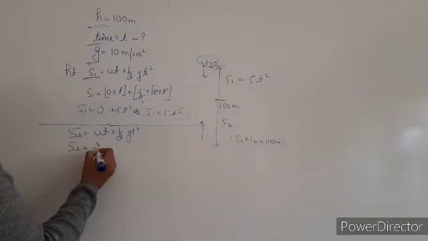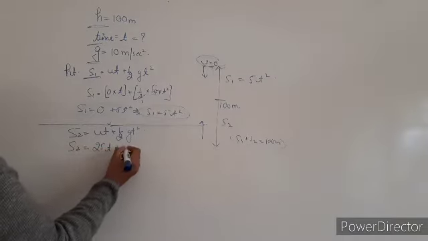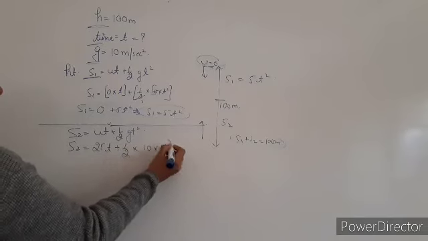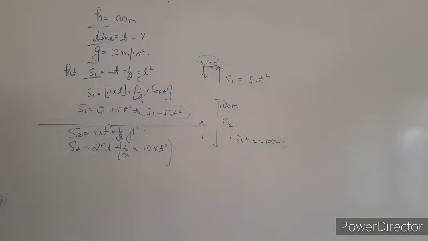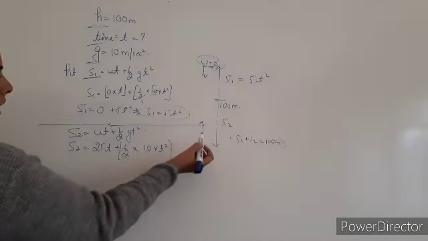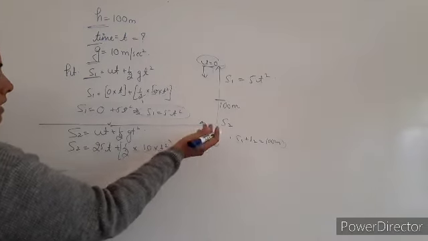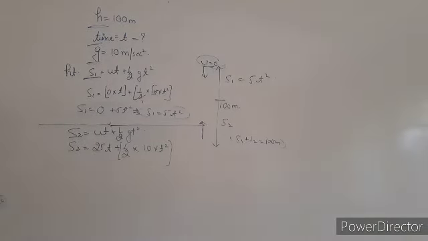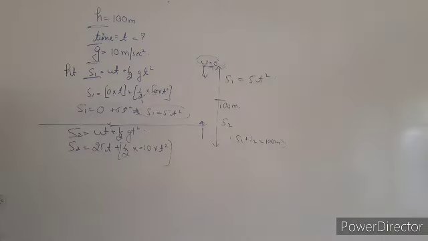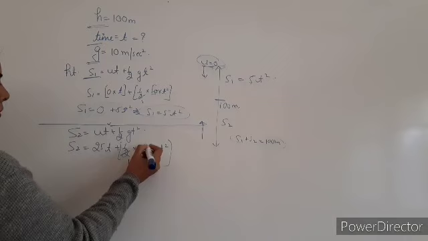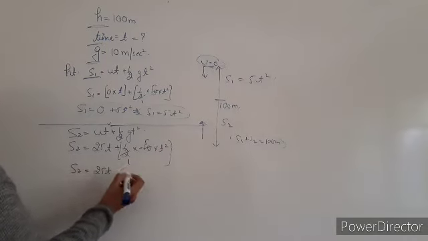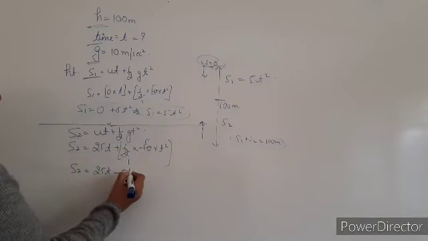S2 is equal to u की value 25 into t plus half, g की जगह पे आएगा 10 और साथ में आएगा t का square. t की value it's not given, so हम उसको as it is लेके चलेंगे. One more thing, here g की value, see the stone is going upward, that is in the direction opposite to that of the gravitational force. तो हम यहाँ पे लिखेंगे -10. Fine. So 2 1s are 2, 5s are 5. S2 is equal to 25t plus minus 5t square.